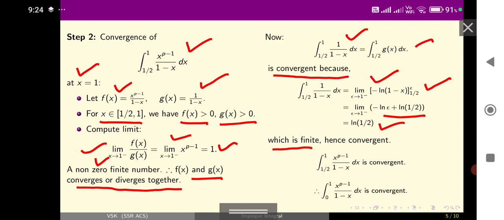Hence this integration is convergent. So the integral from 1/2 to 1 of x to the power p minus 1 upon 1 minus x dx is also convergent. Because both integrations are convergent, we conclude that the integral from 0 to 1 of x to the power p minus 1 upon 1 minus x is convergent.